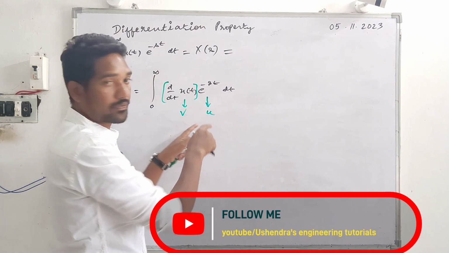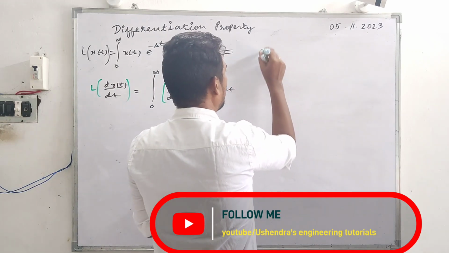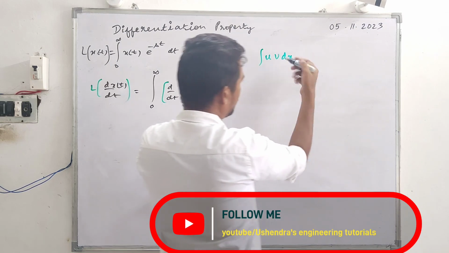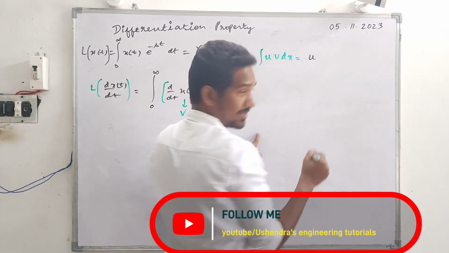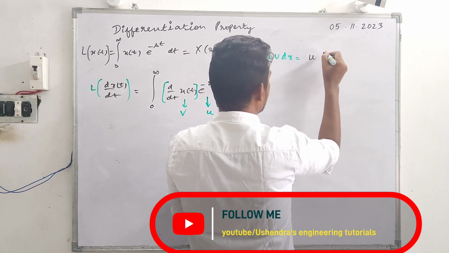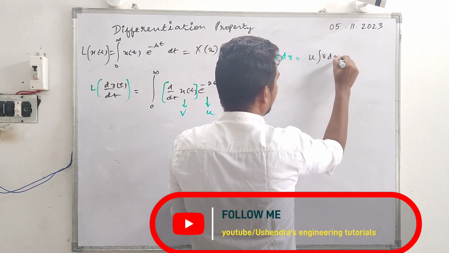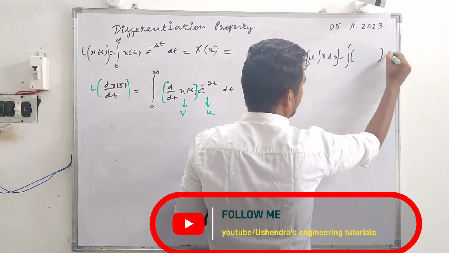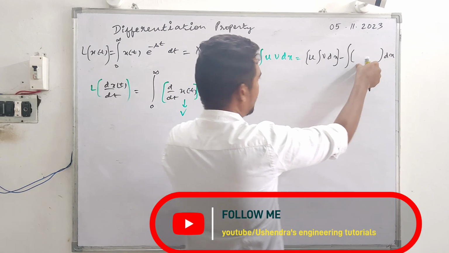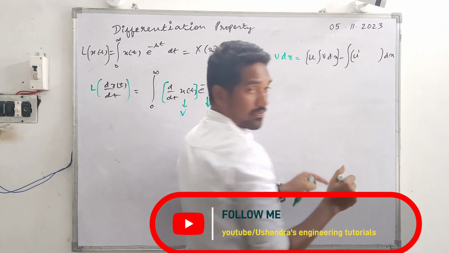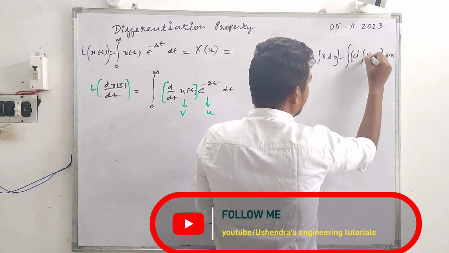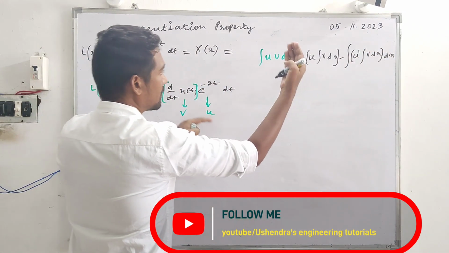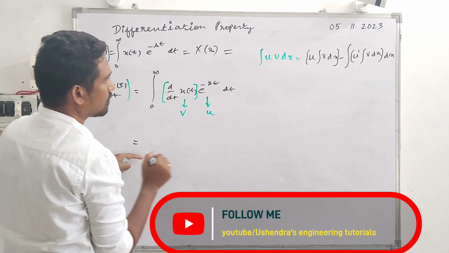We'll have to expand this making use of the UV rule, and the UV rule is this one: integral of u v dx is u as it is, multiplied with the first integral of v, integral v dx, with the limits, minus integral of the factor u dash, the first derivative of u, multiplied with integral v dx, and this is the procedure for UV.